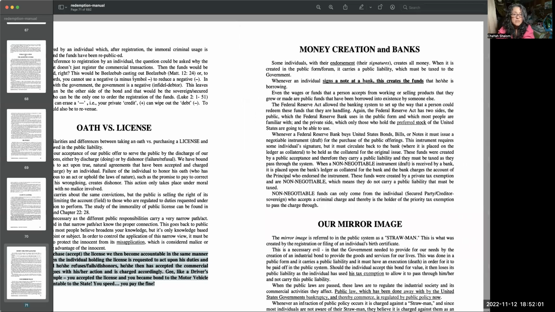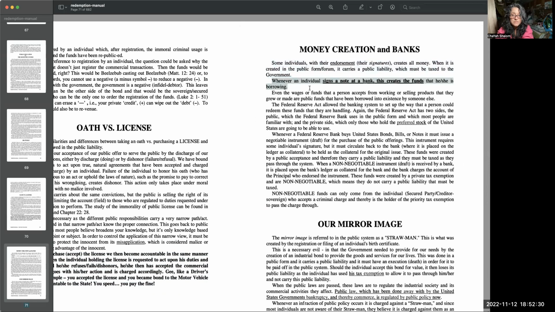Money creation and banks. Some individuals, with their endorsement, their signatures, create all money. When it is created in the public forum, it carries a public liability which must be taxed to the government.